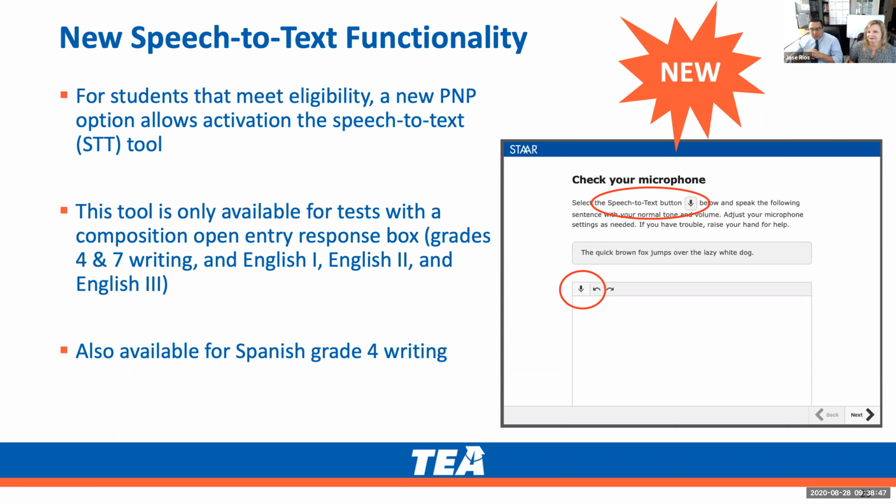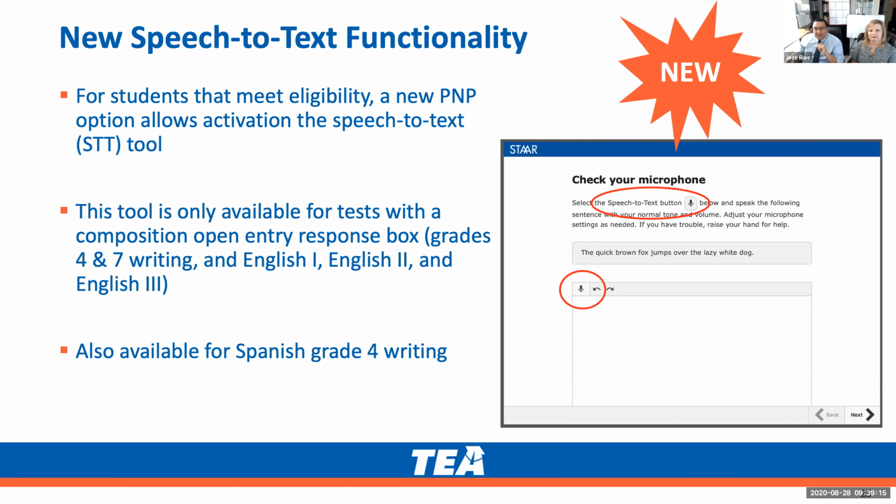If you already checked your registration file layout for this year, you already know, right? But for the students that qualify for additional modes of entry, specifically speech to text, we are now going to be able to provide the tool embedded within our testing platform. This is for students who meet the eligibility for the accommodation or basic transcription or spelling assistance, and this is their required mode of entry.